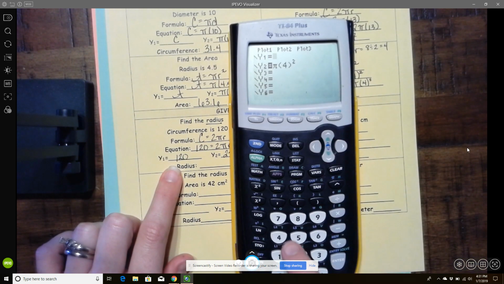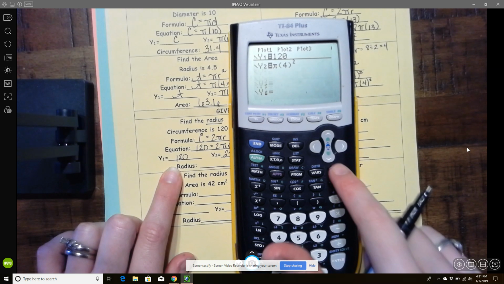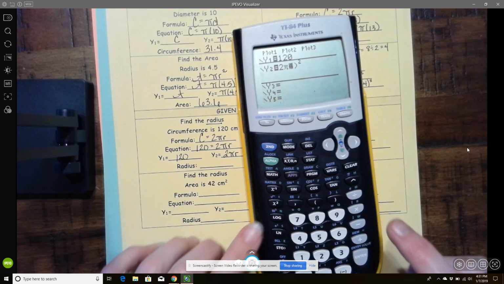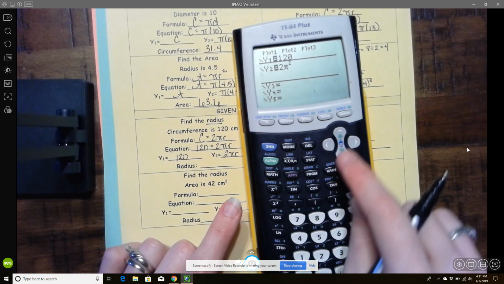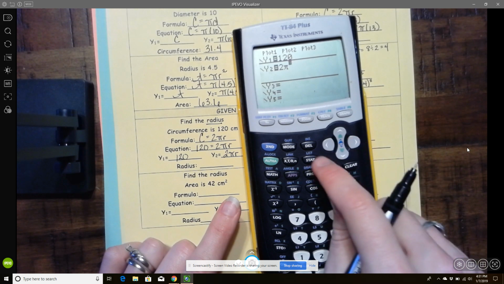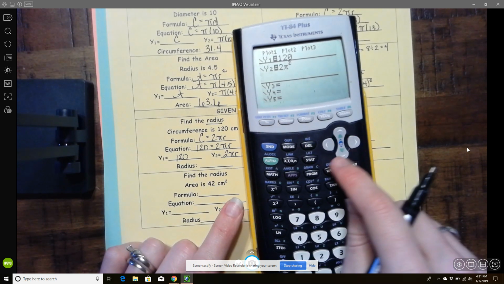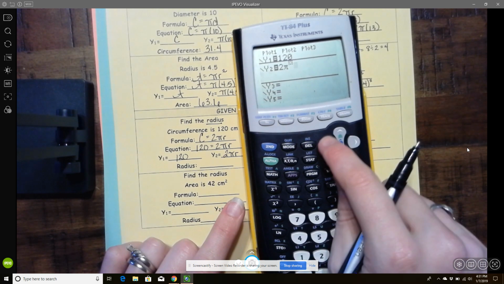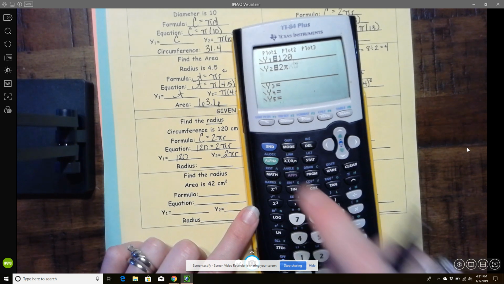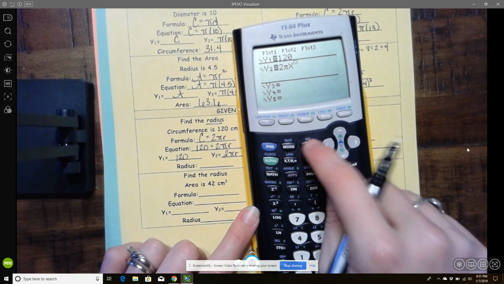So here I've got 120, and here I have 2 pi, and remember we can't put an r in, oh, but I can put an x in.